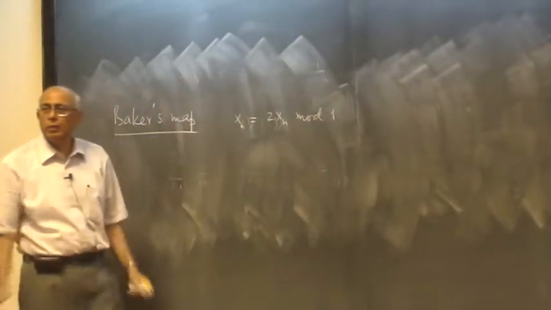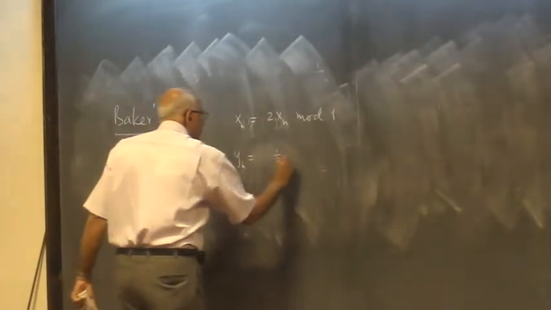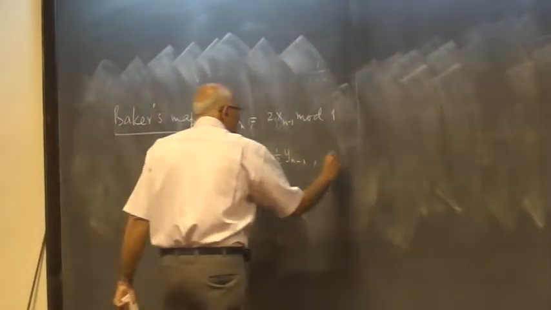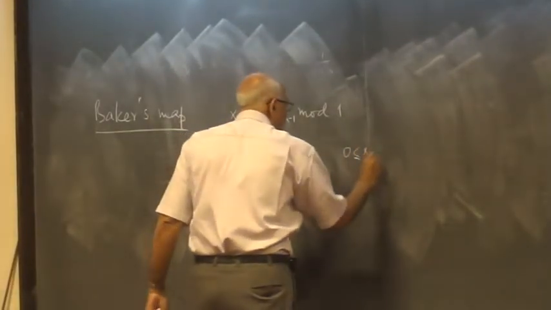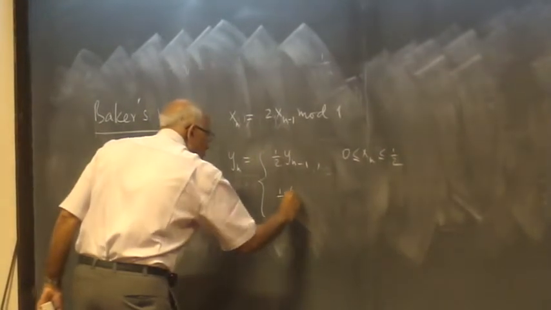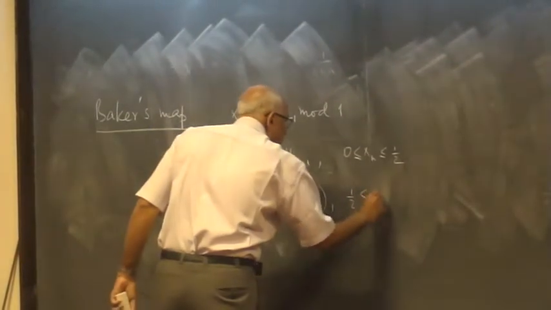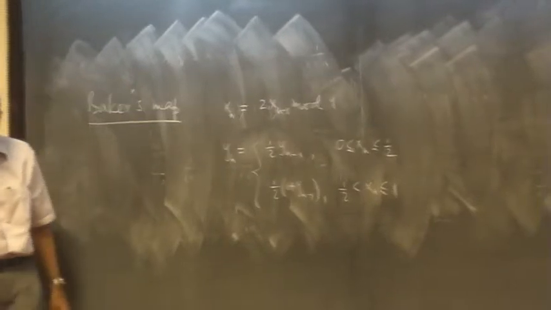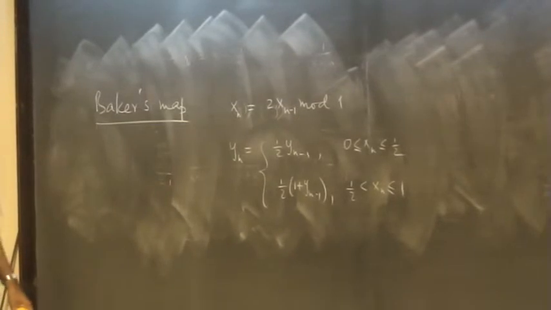The Bernoulli shift in one variable, but the y_n variable equals half y_{n-1}, provided 0 ≤ x_{n-1} ≤ 1/2, and it's equal to half into 1 plus y_{n-1}, or 1/2 < x_{n-1}. So it's slightly different map depending on what x is.